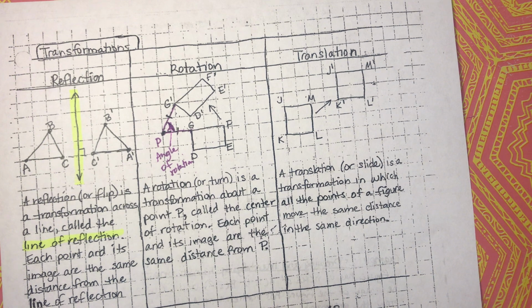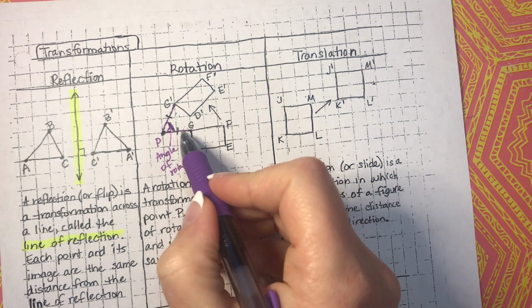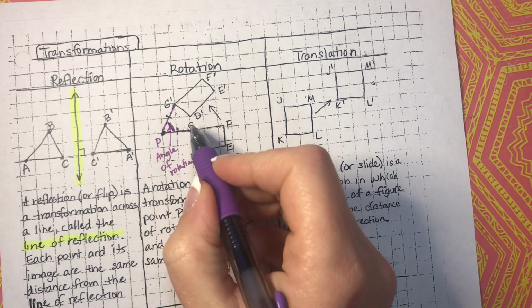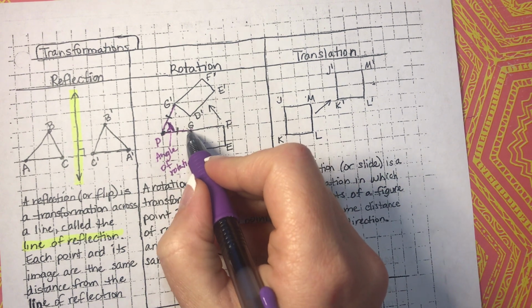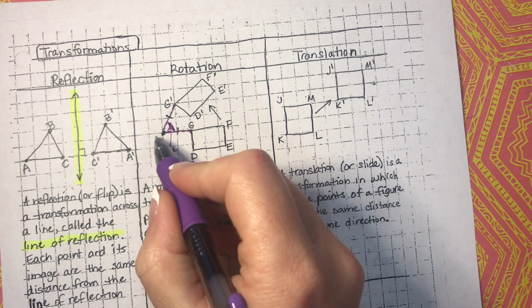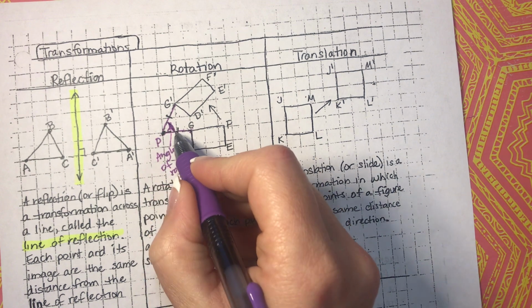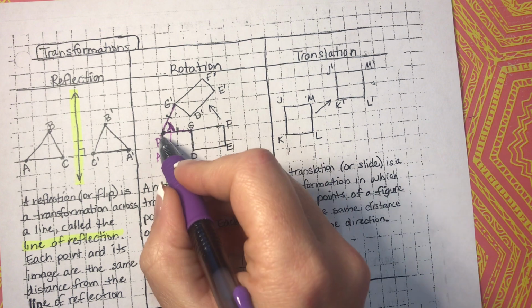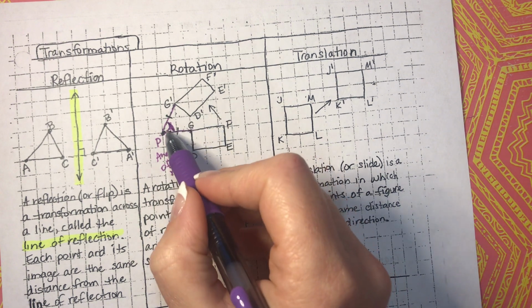There's a couple things. There's an angle of rotation, so each point is rotating 60 degrees counterclockwise, but also the point's distance is the same. G right here is 1, 2, two lengths away from the center of rotation.